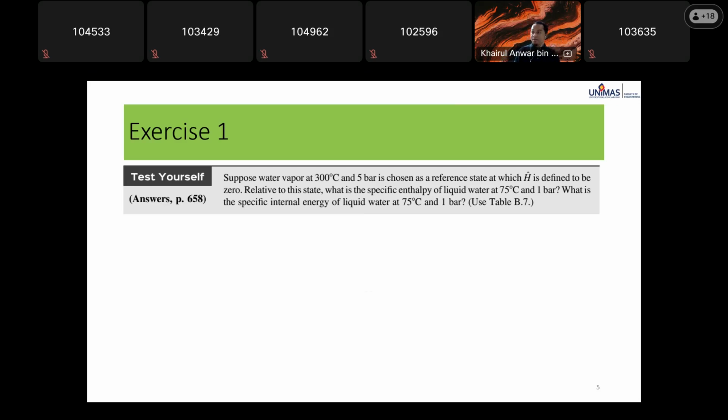So just subtract. At 5 bar, H is 2961. So, 314 minus 2961, you get H relative to the reference state of around minus 2647. For U, you can either use this table or use H equal to U plus PV, it's the same.